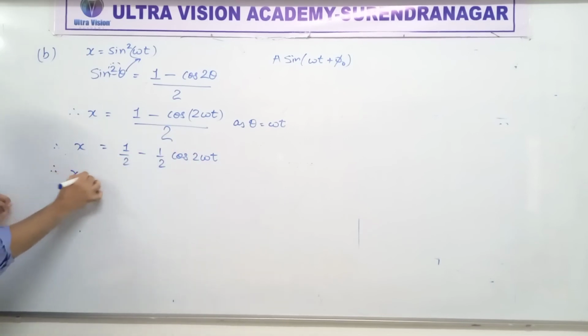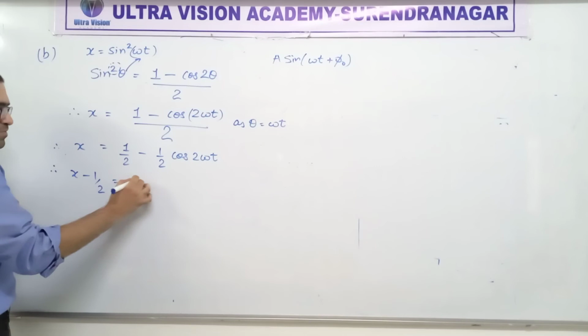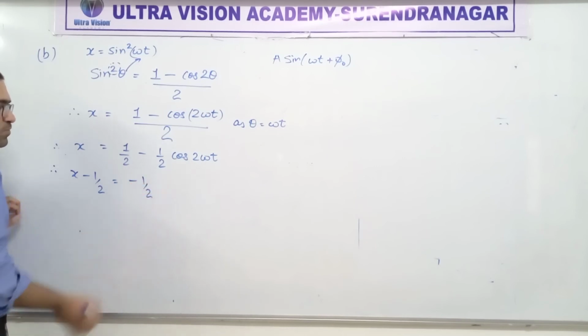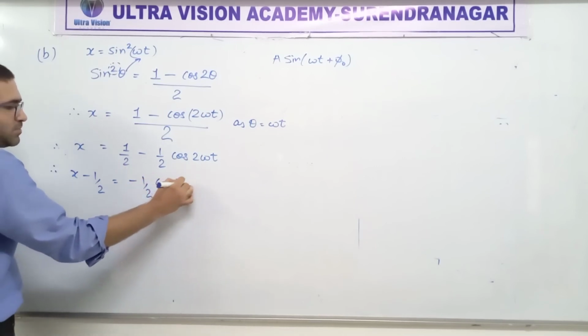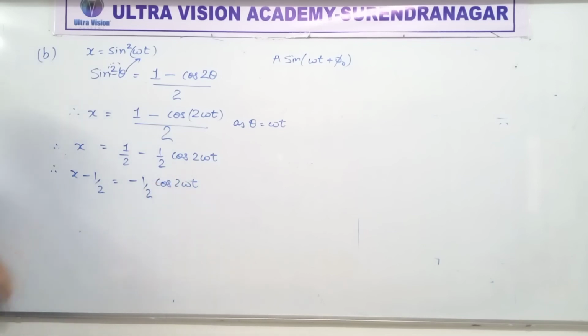So this will become x minus 1 by 2 equal to minus 1 by 2 cos 2 omega t. Right?